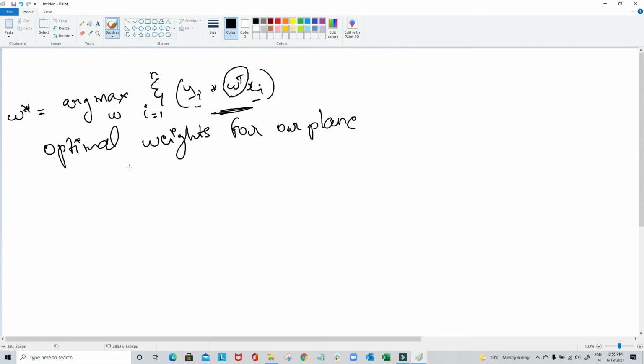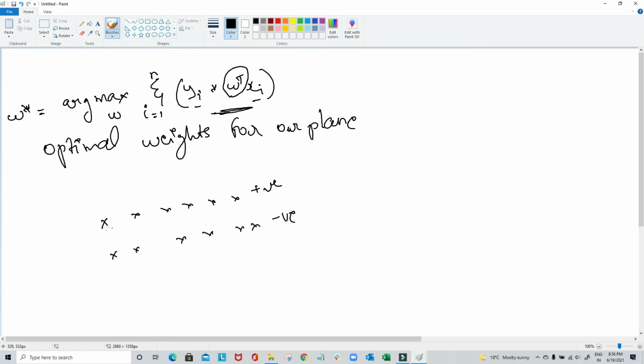However, there's one problem with this equation. First, I'll tell you an example, and then I'll explain in detail how we can handle that. Imagine we have some data points here. Let these be positive points, and we have an equal number of negative points on this side.